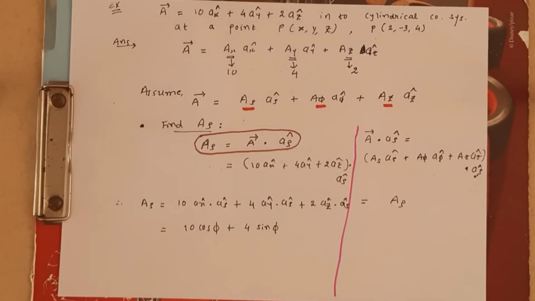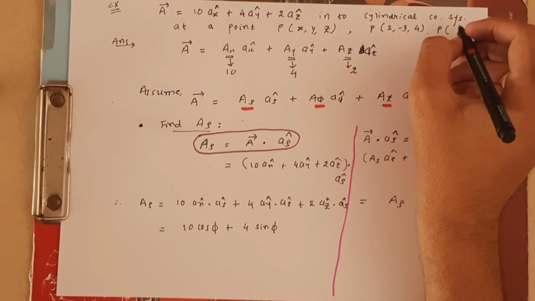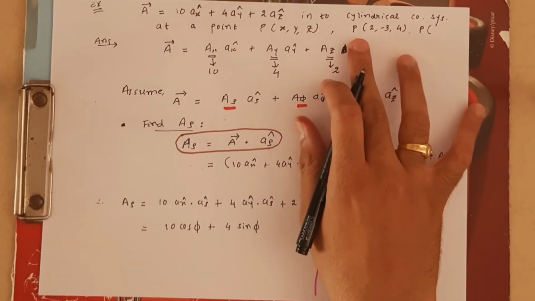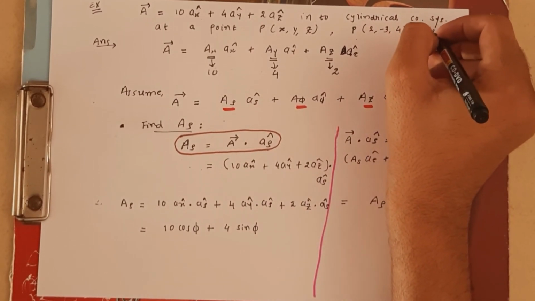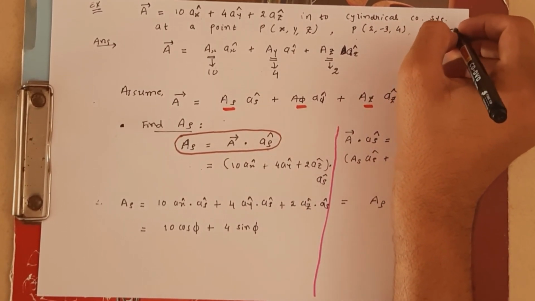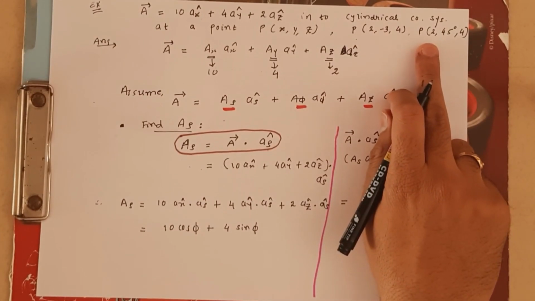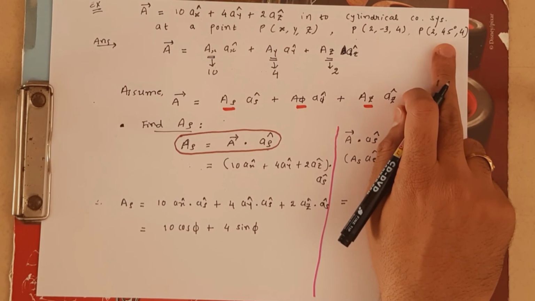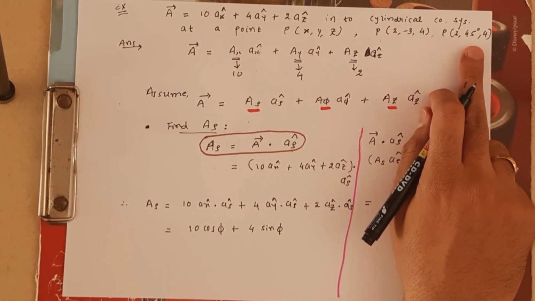Suppose the given point P is not 2, minus 3, 4. The given point is 2, 45 degree, 4. So we can say that the given point is already in the cylindrical coordinate system.